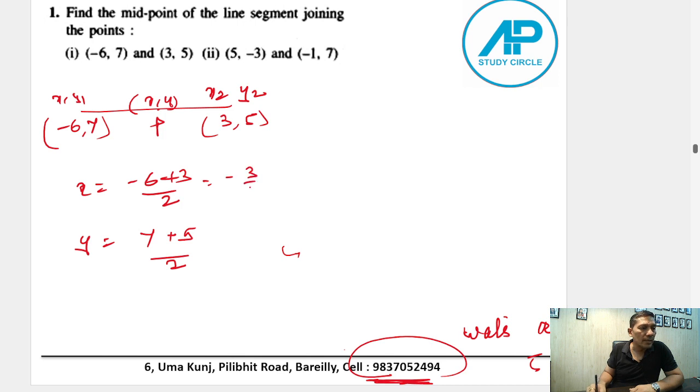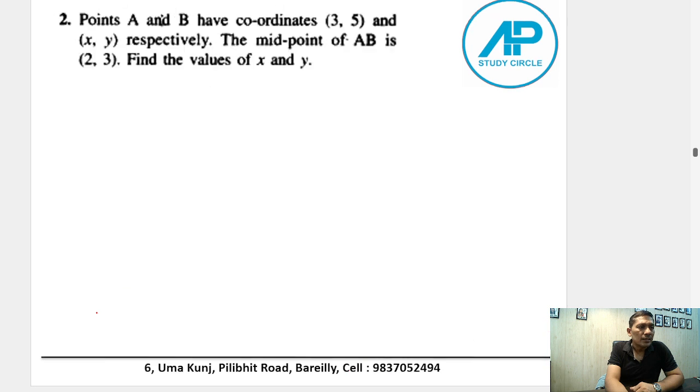That gives you -3 by 2 and this gives you 6. So the coordinates are (-3/2, 6). That is the coordinates of the midpoint of this line. I hope this is clear. It's a very simple, easy, straightforward topic for you.